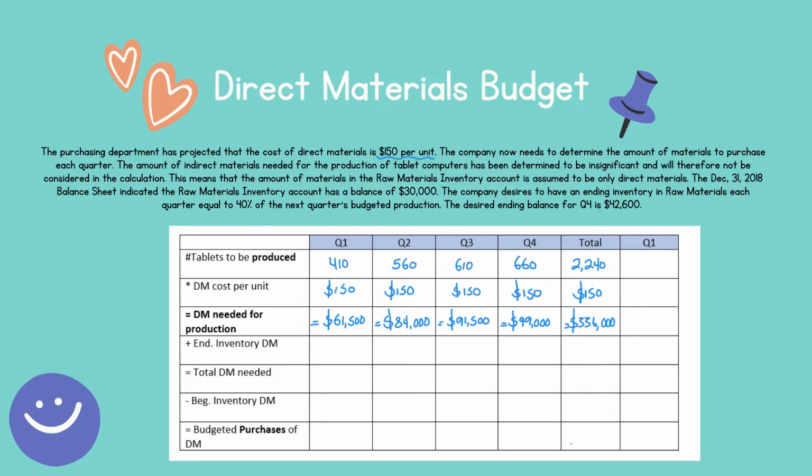So we're gonna assume that all the raw materials will be direct materials, no indirect materials, since it's insignificant. This means that the amount of materials in the raw material inventory account is assumed to be only direct materials. Now, the December 31st, 2018 balance sheet indicated the raw materials inventory account has a balance of 30,000.